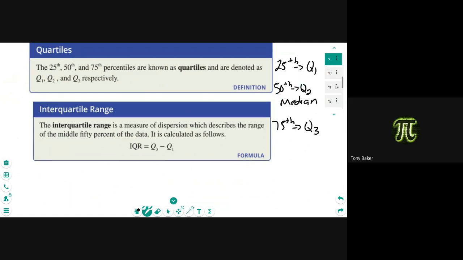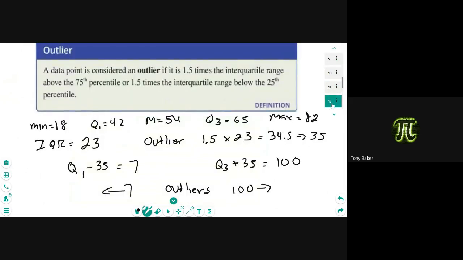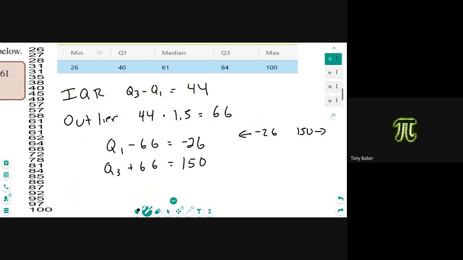So could you just do the multiplication for that and then look at the 75th and 25th? Oh, yeah. So in this case, you don't necessarily have to subtract it. You just have to make sure that it's going to be that far. In this case, you can easily tell there's going to be no outliers. That's not always going to be the case. There are certain situations where there will be outliers. This problem just didn't have any.